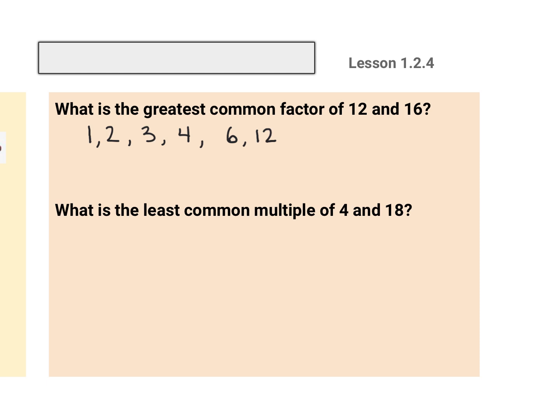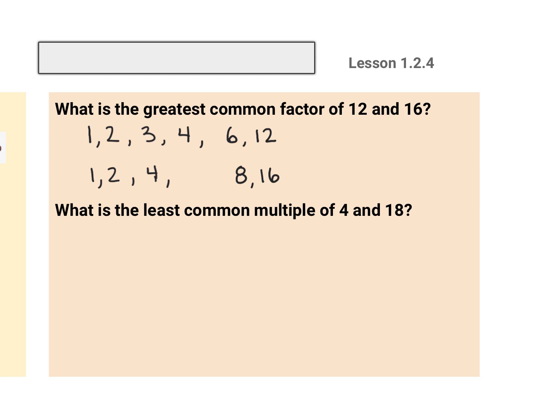Now let's do the same thing for 16. So 1 times 16. Does 2 go into 16? Yes, because it's an even number. 8 times. Does 3 go into 16? Nope. Does 4? Yep, 4 times 4. And I don't need to put both 4s on there because it's just 4 as a factor. So now we have the list of factors for 12.